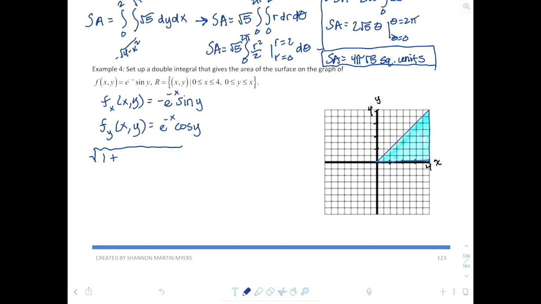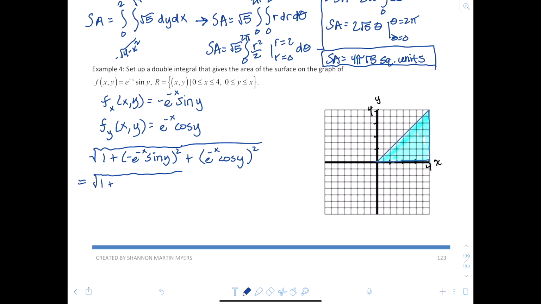We'd have 1 plus negative e to the negative x times sine y quantity squared plus e to the negative x cosine y quantity squared, and that's going to equal the square root of 1 plus positive e to the negative 2x sine squared y plus e to the negative 2x cosine squared y, because you would get e to the negative x squared, and so then you multiply the powers.